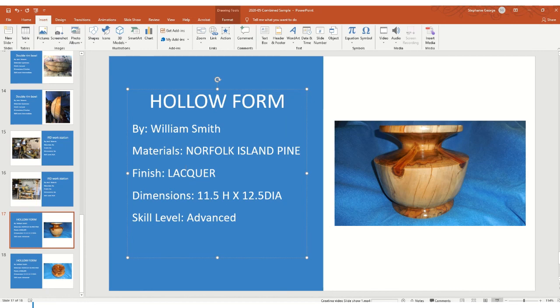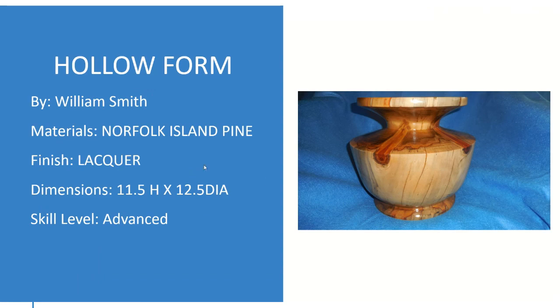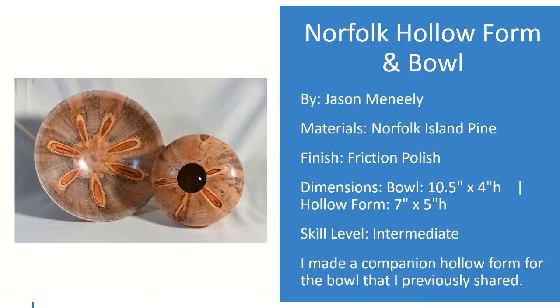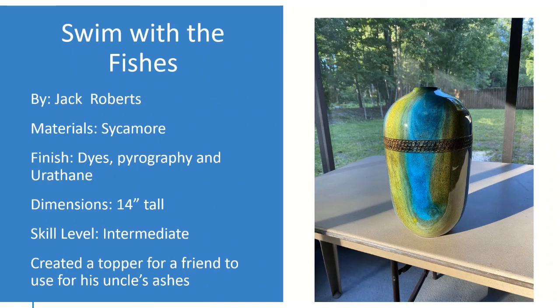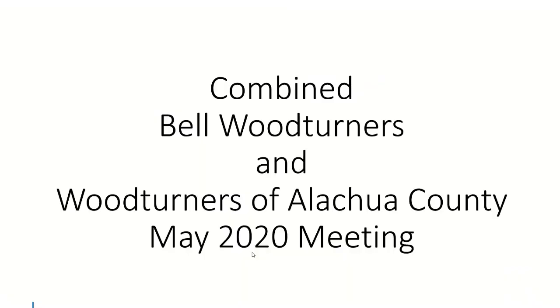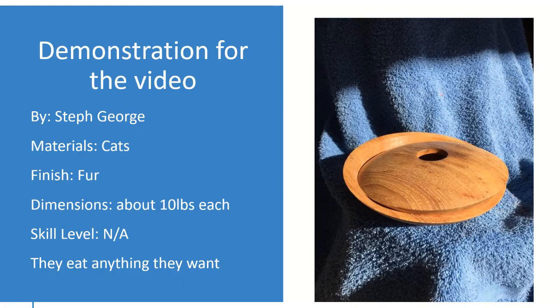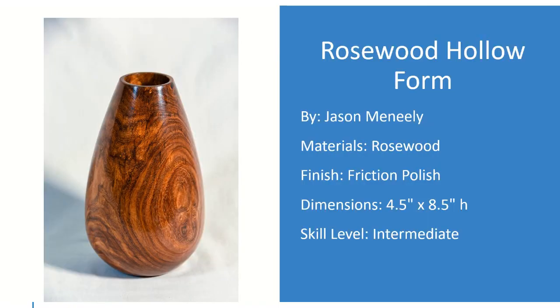Whenever it's time for me to show the slideshow, I can just click on the slideshow and step through it slide by slide for my club. There. And I have a whole slideshow assembled.